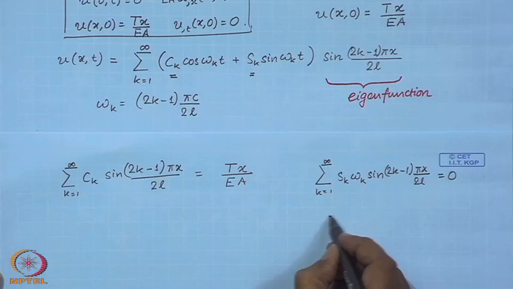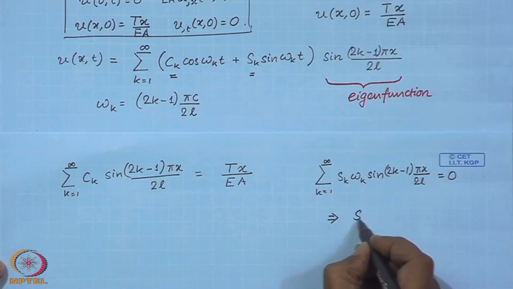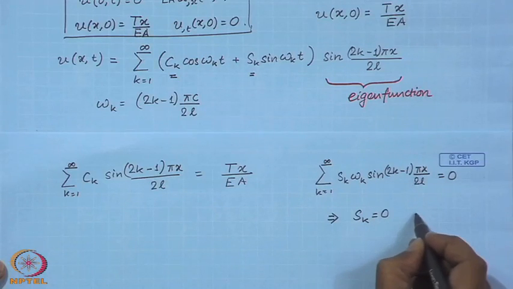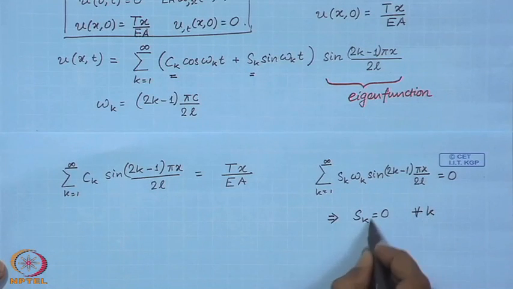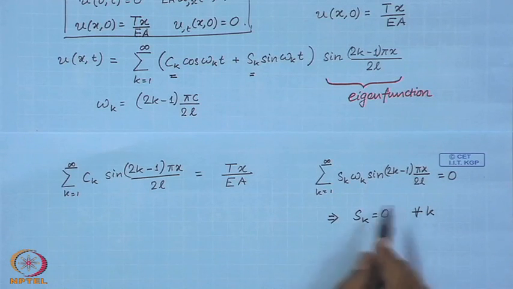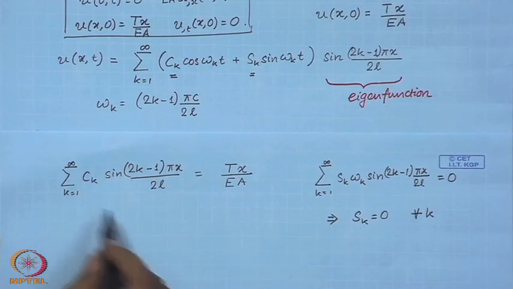So, this immediately tells us that for all k, these coefficients S k must vanish. So, we are left with this.